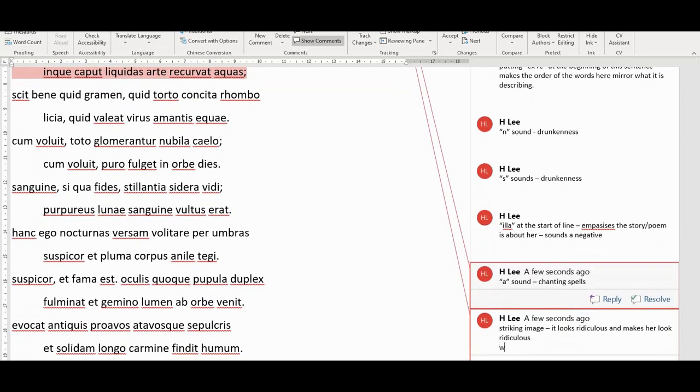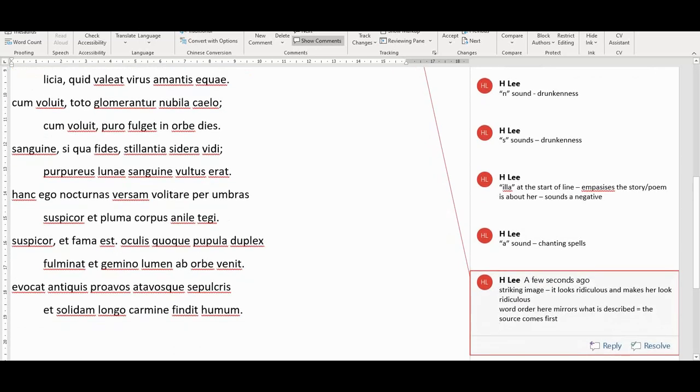So the word order here mirrors what is described again. All right, the source comes first, as if she genuinely had turned the river back to its source.